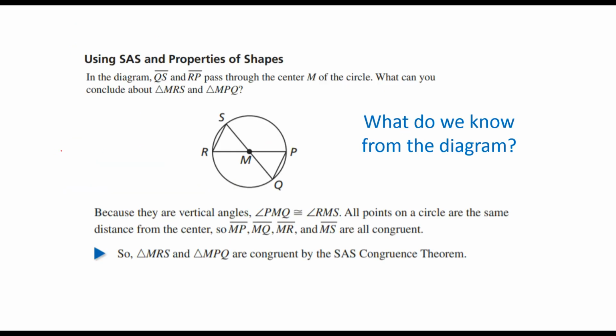So how do we use the property of side angle side? Well, here's some real life. Not real life at all, but some application problems. We know that QS and RP are passing through the center of the circle. So both those lines pass through the center. What can you conclude about MRS and MPQ? I can conclude that those two are congruent.